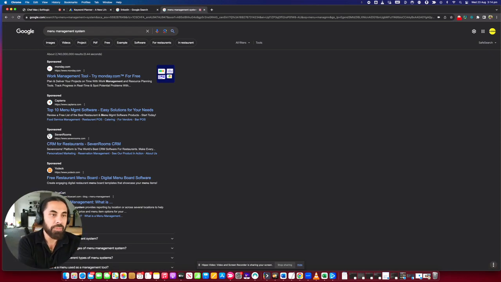So immediately what we can see, which is good, is that what we got is a work management tool, which is Monday, and this tool is very broad. Well, I'm sure they have their ideal customer, but I think what they're doing is targeting broad. They're just saying here you can use this management system to also manage menus, which is not possible.